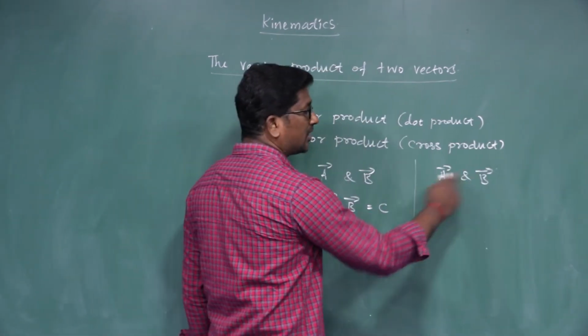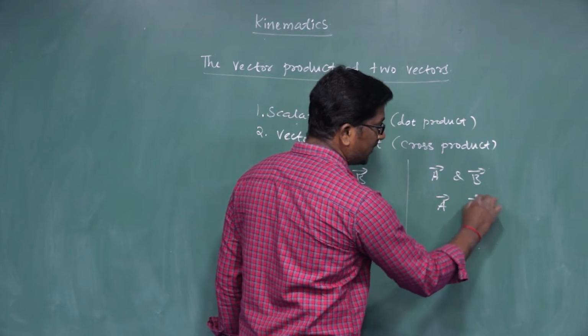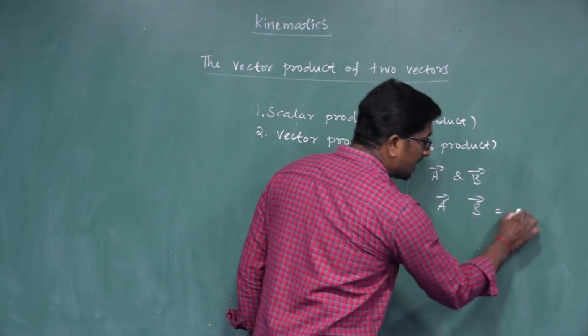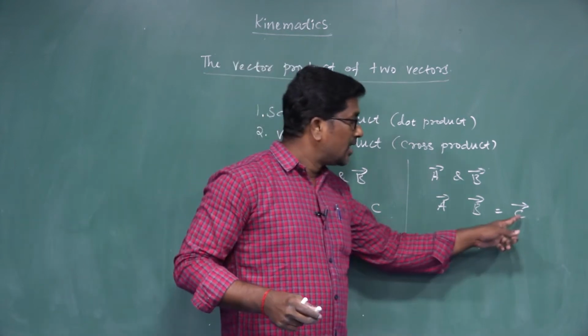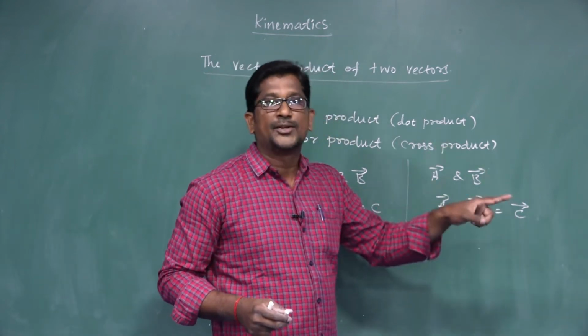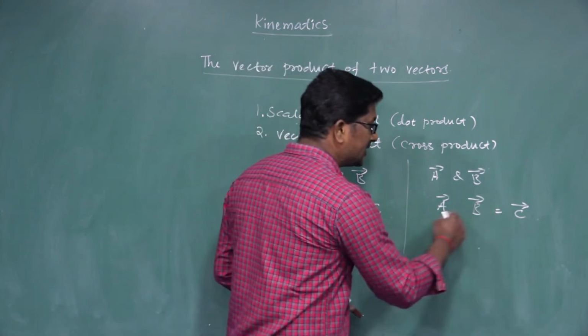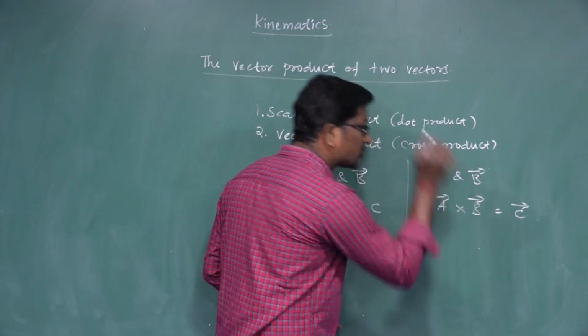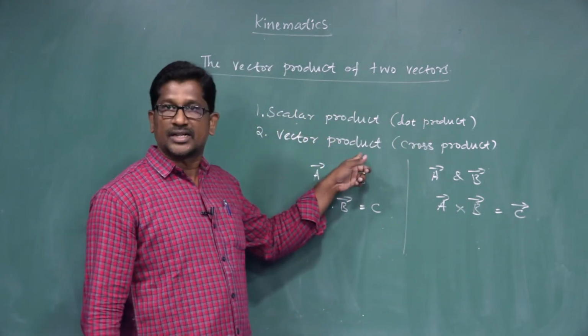Vector product, the same A vector and B vector. The product of these two vectors gives another physical quantity, but which has both magnitude and direction. Then this type of product is called cross product or vector product, right?